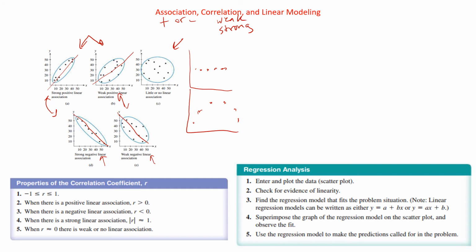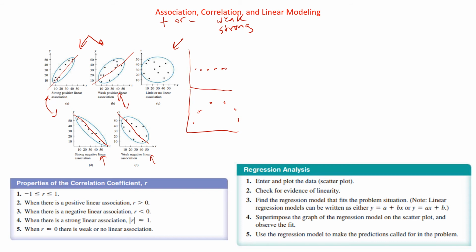Find the regression model that fits the situation. And there are two different linear ones, especially in your calculator. Then graph the model on the scatter plot to see how well it works. And then use the model to make predictions that the problem's asking for. You answer the question. These are the same 5 steps I have always used.